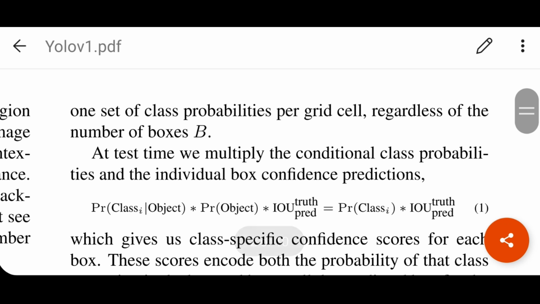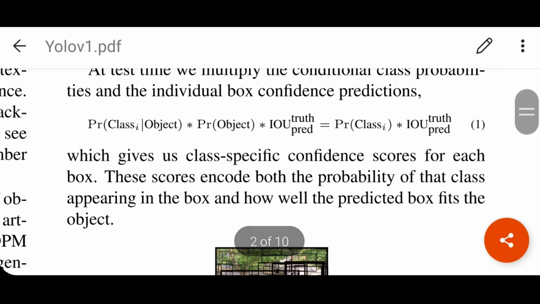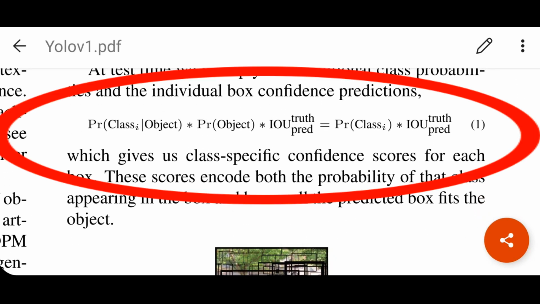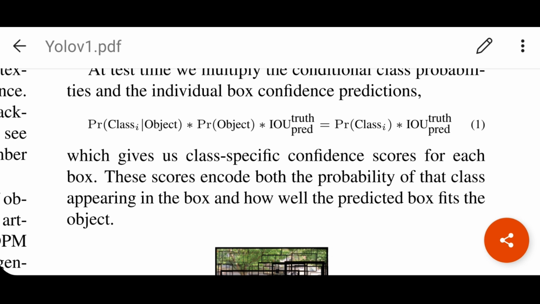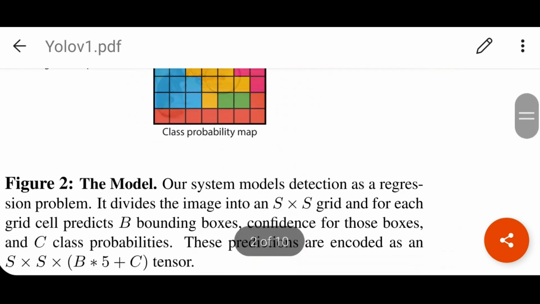At test time, we multiply the conditional class probabilities and individual box confidence predictions, as seen in this equation, which gives us class-specific confidence scores for each box. That's also important. We have confidence scores for an object and also class-specific confidence scores for each box.